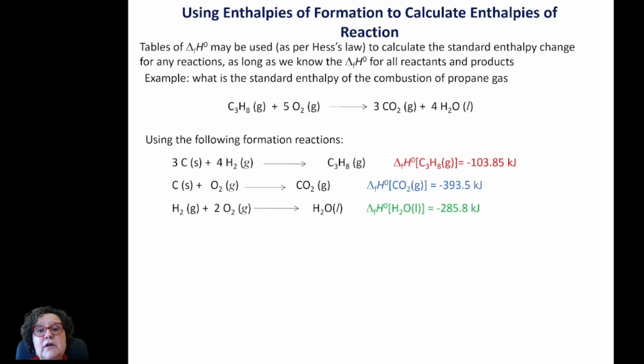So if we have the standard enthalpies of formation of all the chemicals involved in our reaction, in this case, we've got the combustion of propane, which involves propane gas, 5 moles of oxygen, also in gas form, to produce 3 moles of CO2 and 4 moles of water in liquid form.